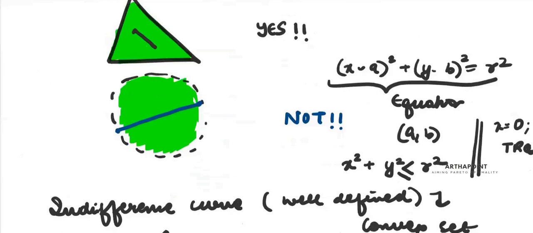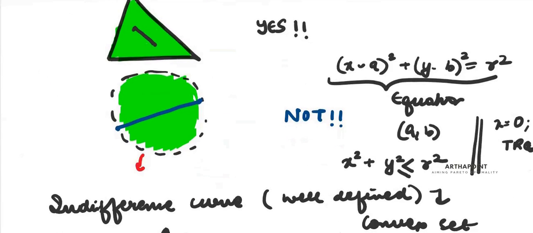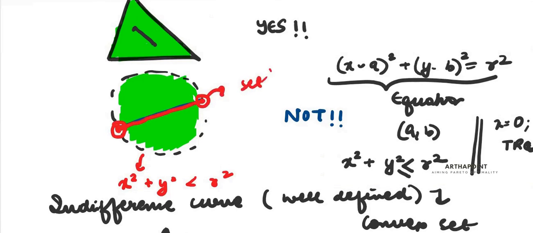But here, because the boundary is not included, only the area inside is included. So my equation is this. Now, I am taking any 2 points, joining them with a line segment, but these 2 points are not within the set. They're outside the set.